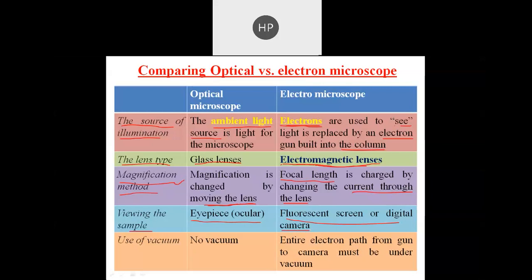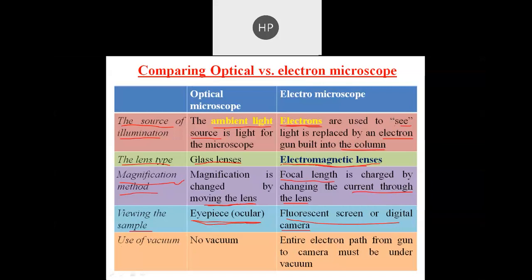So we can easily get a digital output in that electron microscope. While here generally an eyepiece is used, and nowadays in that one also a digital output is available. So in both cases we can use various viewing types.